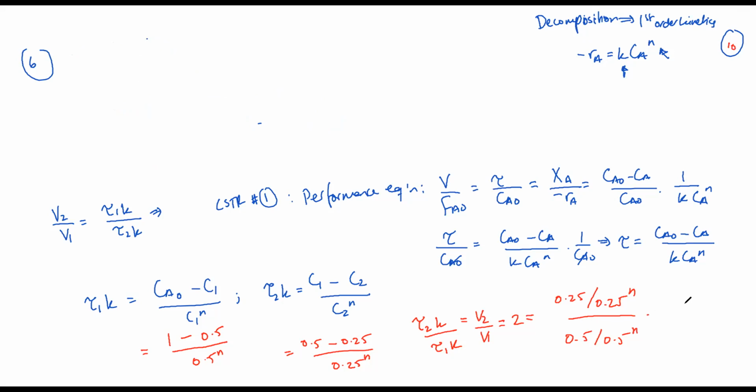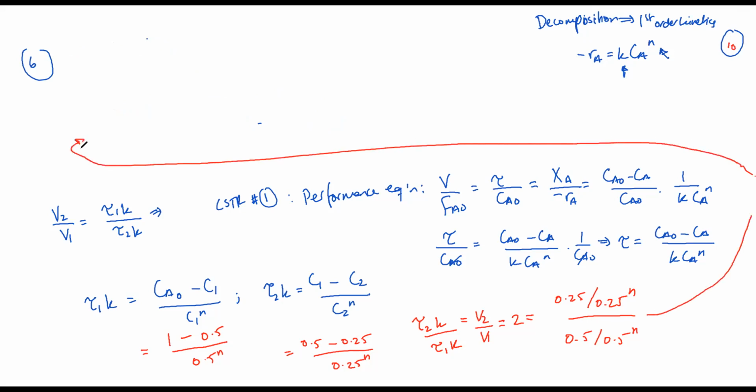So if I continue right here, we said that 2 is equal to 0.25 over 0.25 to the n multiplied by 0.5 to the n over 0.5, right?